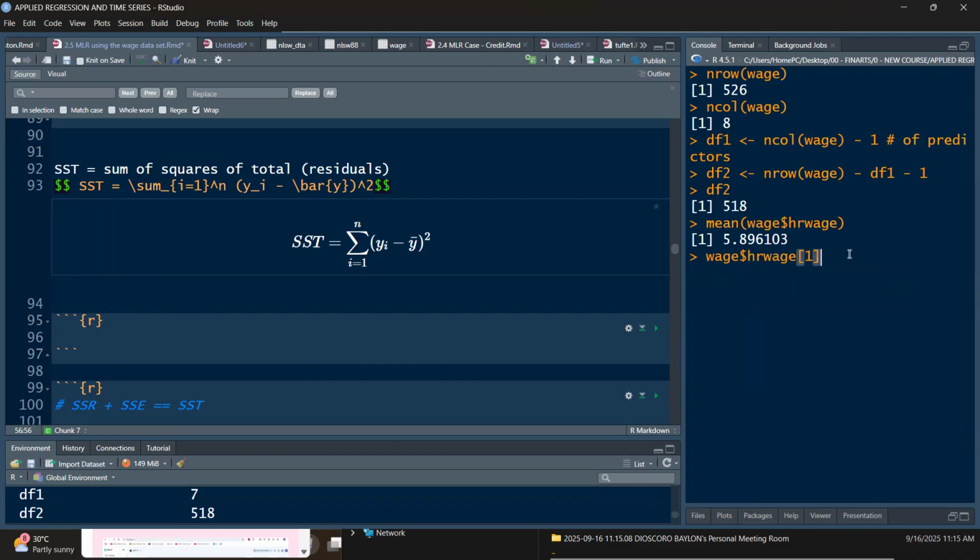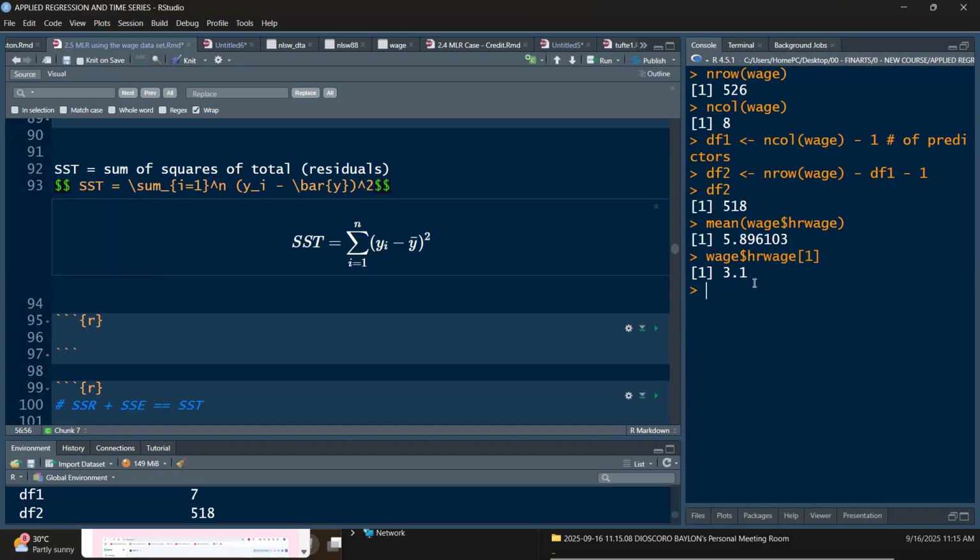What will be the first observation? Control Enter. Okay, it's 3.1, and then our predicted value will be 5.896. So that's a total error of 2.79, class. Because we're not using the external variables.